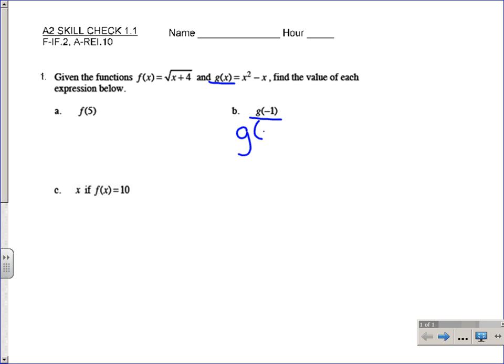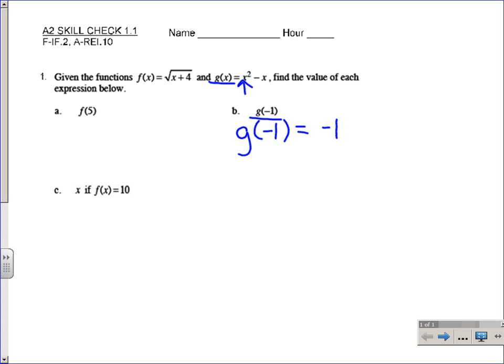G of negative 1 equals, here's an x. Right up here, there's an x. So I'm going to put negative 1 there. Be careful here. When I'm doing x squared, that means I'm doing negative 1 squared.